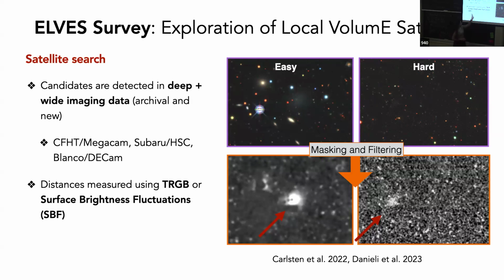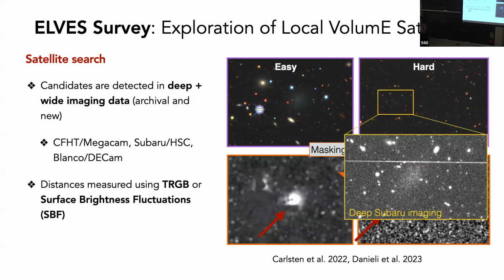But then, and this is a challenge I'm not going to talk about because I don't have time, he measured distances to all of these galaxies, either by the tip of the red giant branch technique, if there were Hubble data, or by using the surface brightness fluctuations technique, where you can measure distances at lower accuracy, but using ground-based data. I don't have time to describe it, but I think it's going to be a very crucial methodology that we're going to use in all of our future surveys.